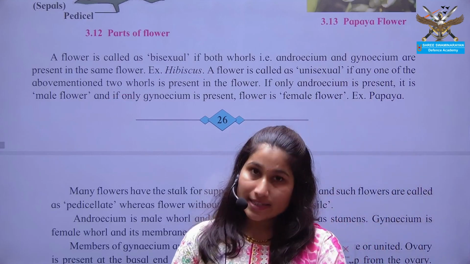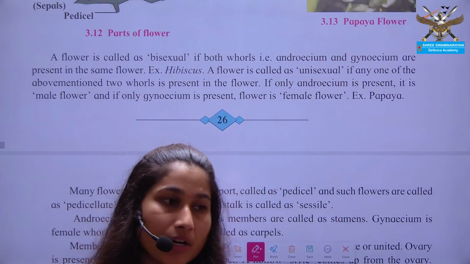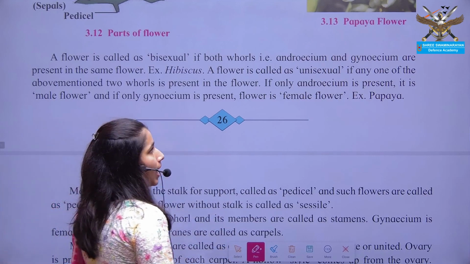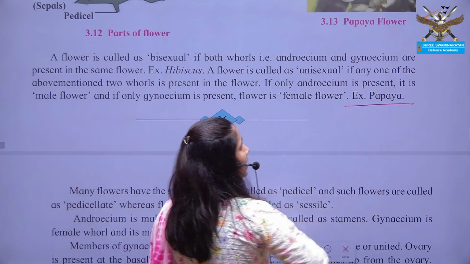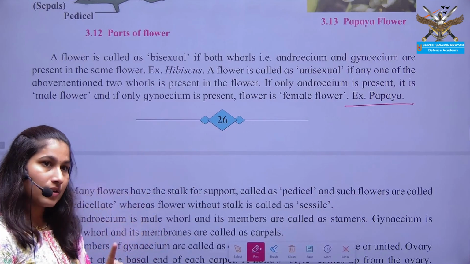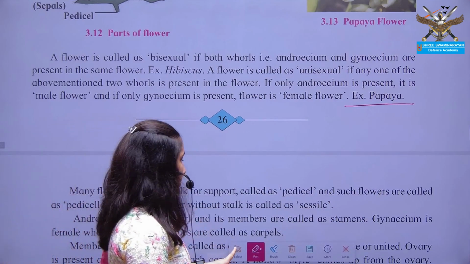Flowers with just a single reproductive structure are known as unisexual flowers. And an example you can keep in mind is papaya. In a single flower, a single reproductive structure will be present.